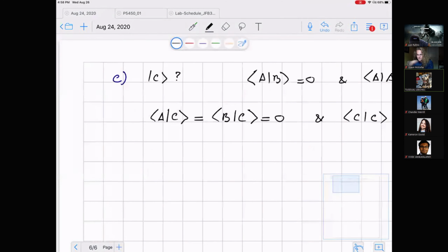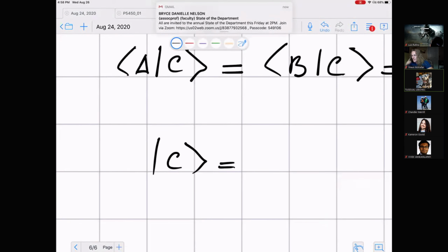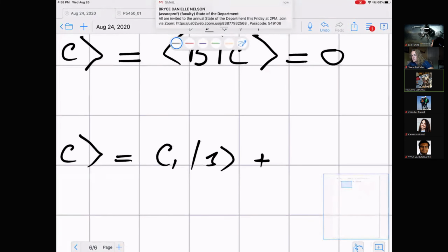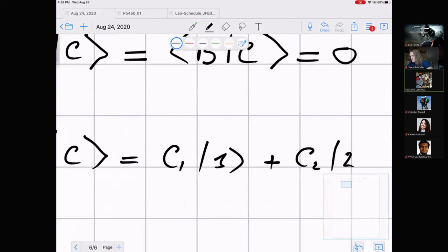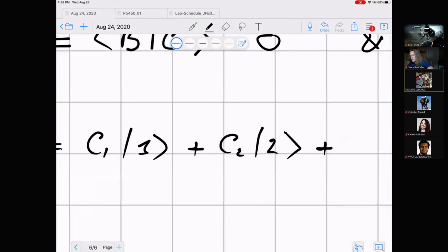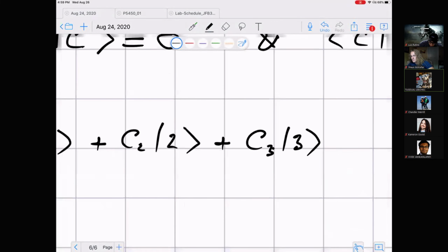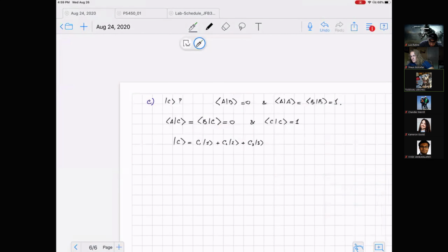So we can write that C is equal to C1 times the first basis vector, plus C2 times the second, plus C3 times the third. And then it's just a matter of substituting this expression into each of these expressions, and make everybody happy.